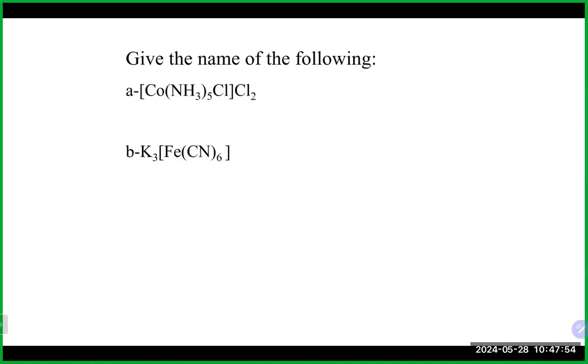So I'll give the name for each of the following here. See what you come up with. So we'll start with the first one. Once again, we do see our complex ion coming first. So again, that tells us that's positive. That means the Cl here would be our counter ion, which would be negative in this case.